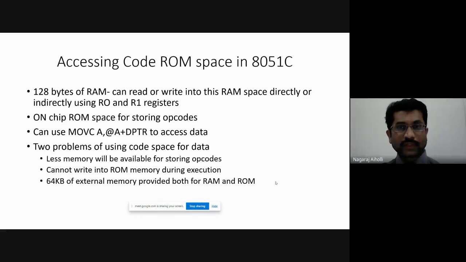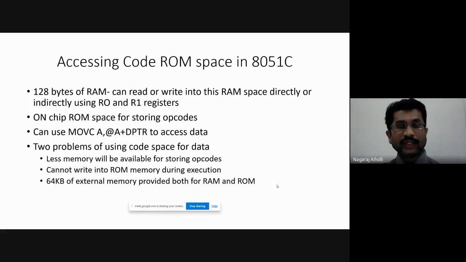When the program is executing, the data cannot be stored into the ROM memory, right? So these are the two problems that arise when we want to store the data into the code memory, right?